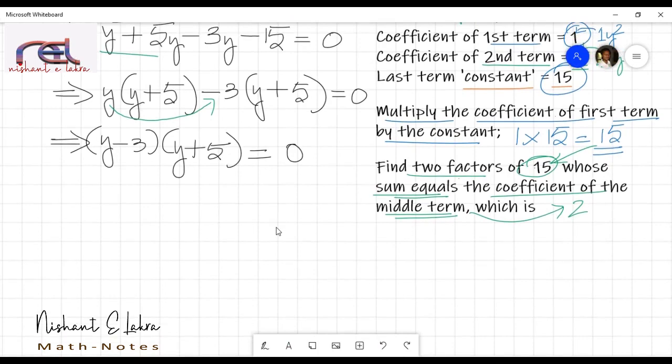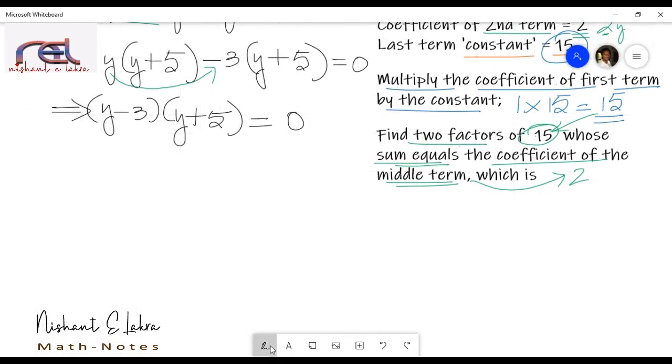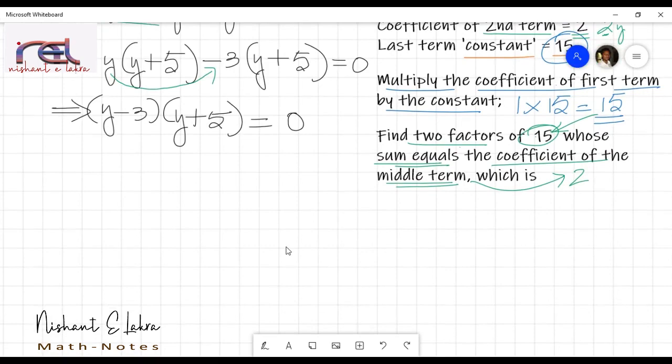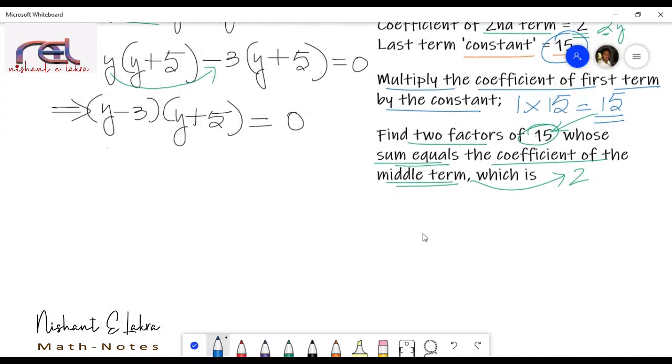Now what is the next step that we have to do? Do not rush, don't think it's very complicated. You just go through it again and again so that you will understand it. I will do it in the rough. So y minus 3 in brackets is equal to 0. What we're trying to do is find the value of y, making y the subject.